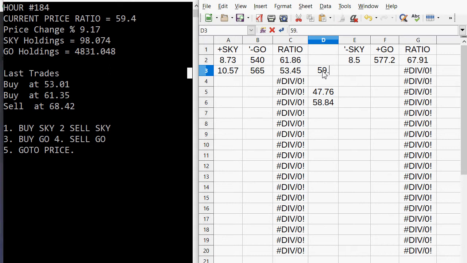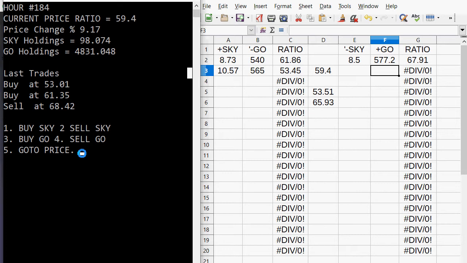59.4 will go in here. So we can see it's an additional like 1%. And it's just a completion of this trade here. So as far as how many SCA we want to sell, well, we had 10.57. If we sell, like, say, 9.85, will we get more than 577? Barely.